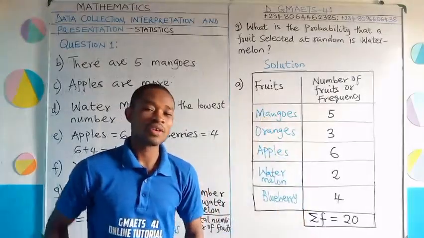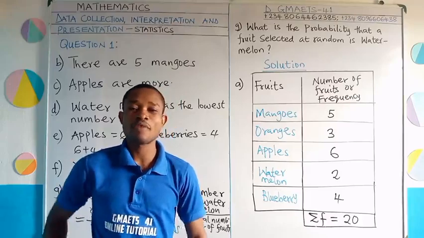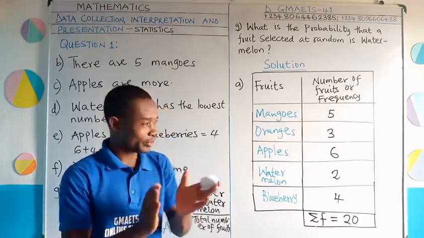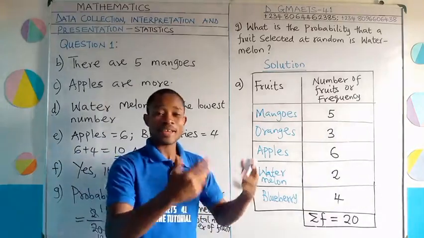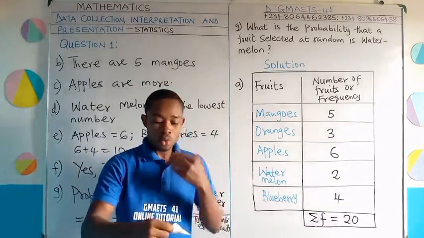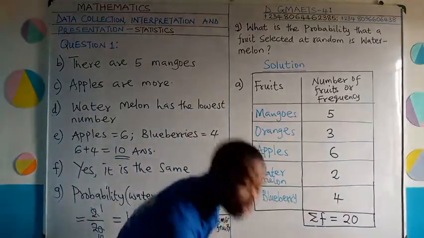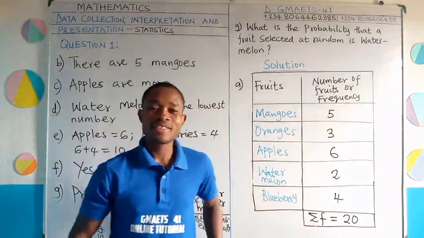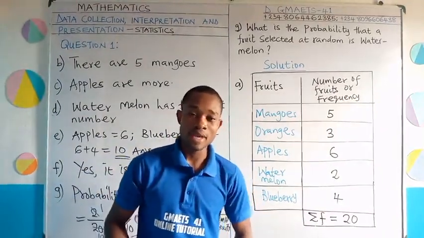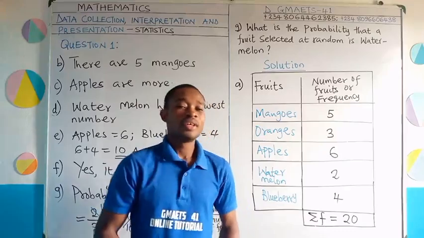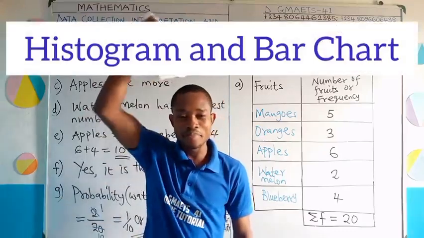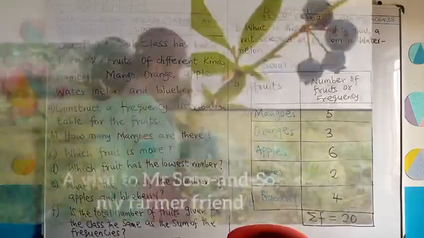So we've done a very great job, a wonderful one for Mr. So-and-so. It is time to take his fruit back to him with what we interpreted. I'll be seeing you soon, alright? Maybe the next time we meet, we will talk about the histogram and the bar charts.